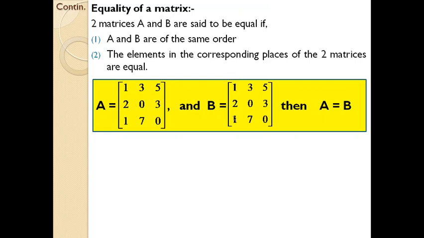It also has an equal number of rows as well as columns. Both matrices have the same numerals in the same places. Equal number of rows and columns, and the numbers within each matrix are also similar. In such situations, these matrices are known as equal matrices, or equality of a matrix. So here A equals B.